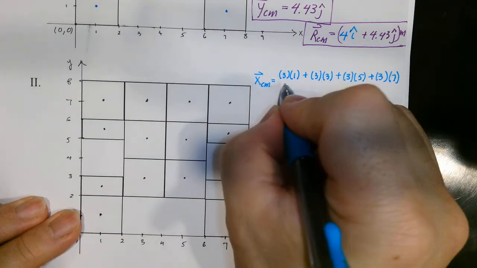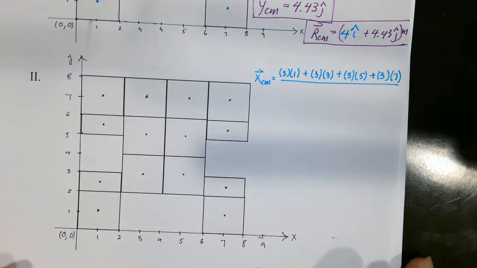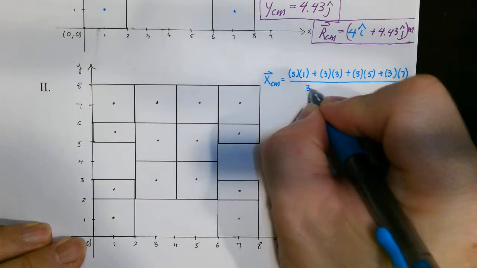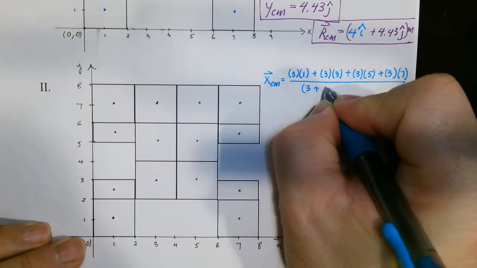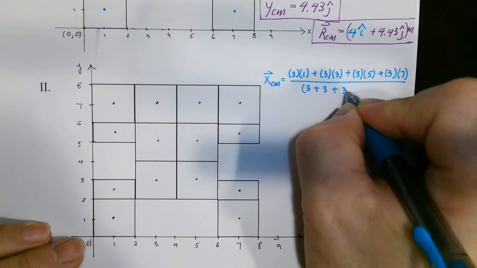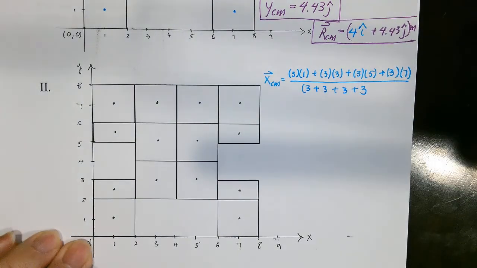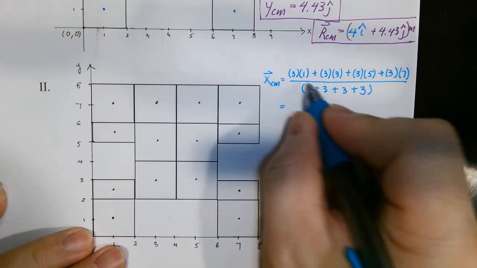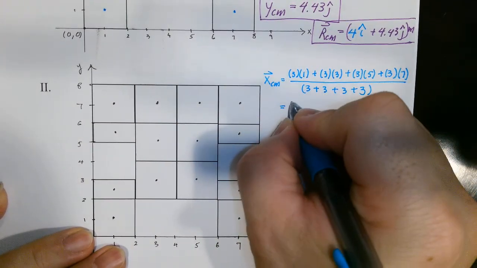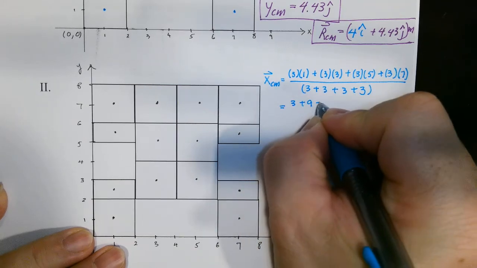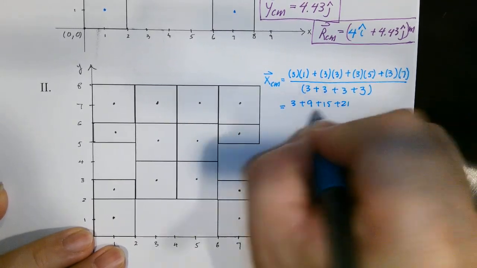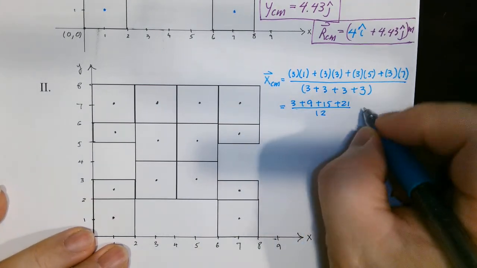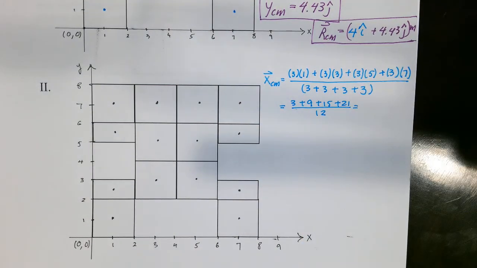Whole thing divided by, it looks like, 3 plus 3 plus 3 plus 3. Therefore, all this will be 3 plus 9 plus 15 plus 21 over 12, right?